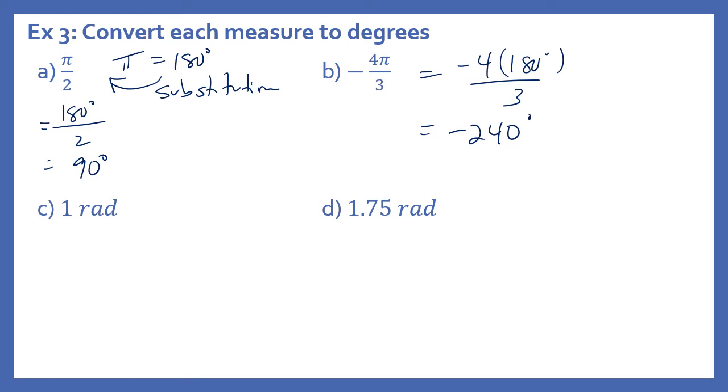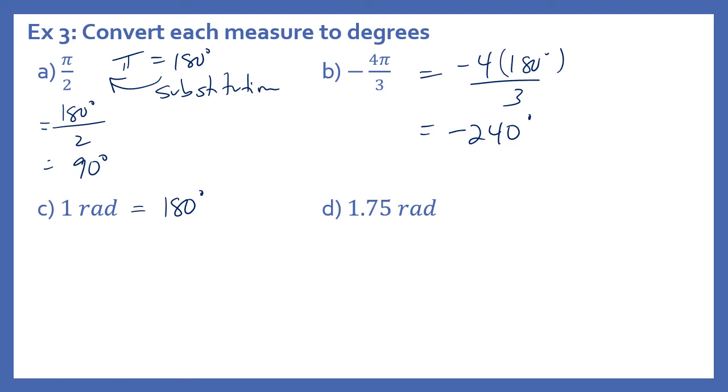Now here's where things get a little bit different. Instead of giving it to you in terms of pi, I've now given it to you as a pure number of radians, so 1 radian. Well, we're still going to use our conversion factor, and we can set up a ratio here. But instead of it being pi over 180, I want to go the other way.